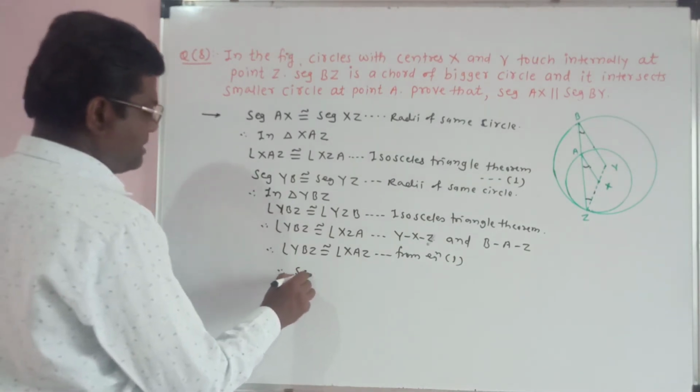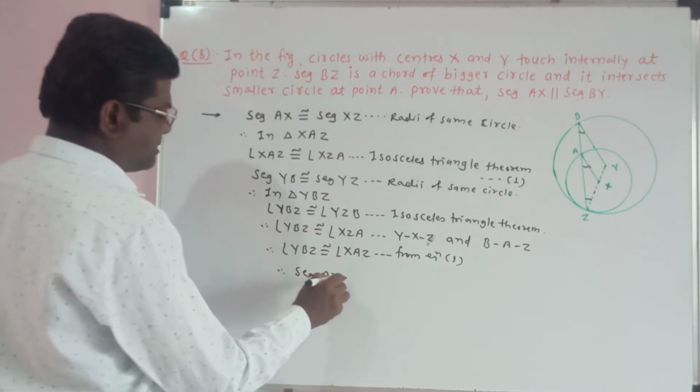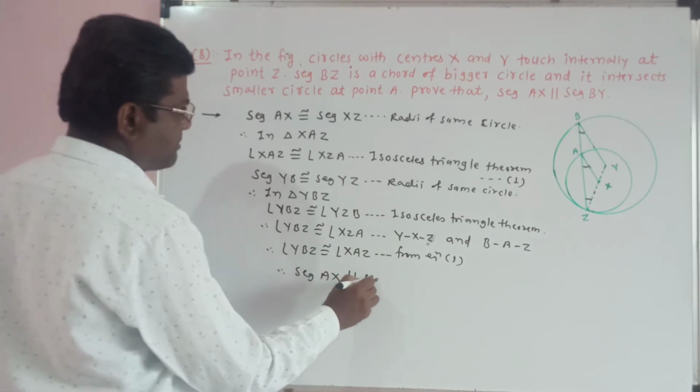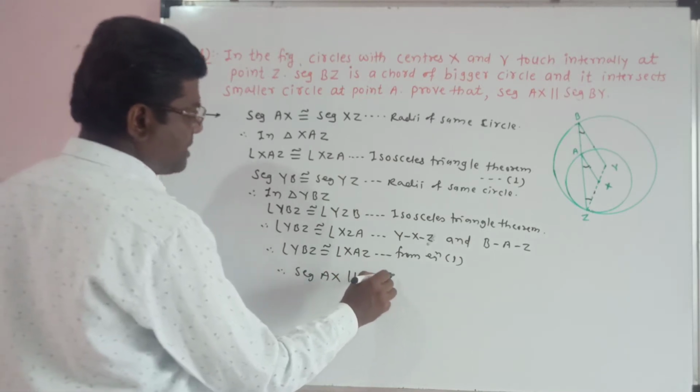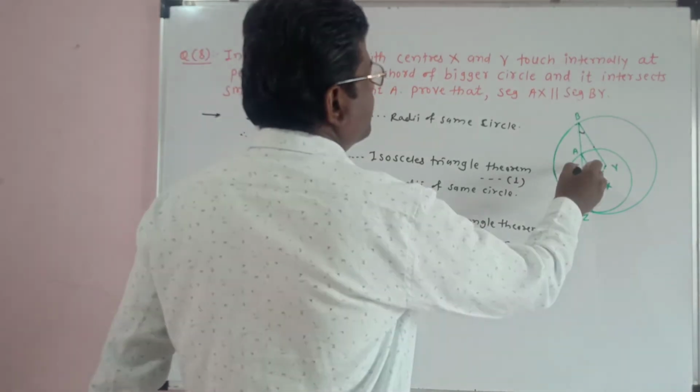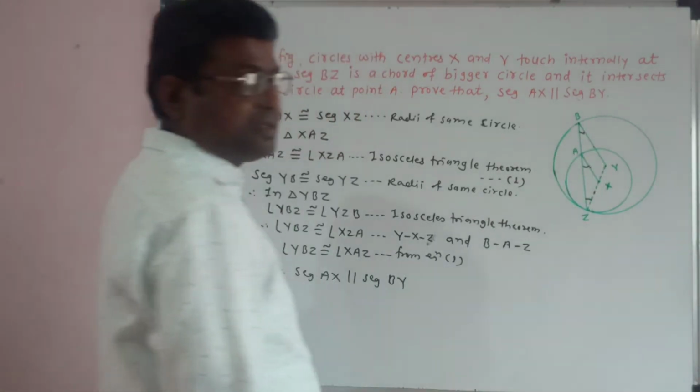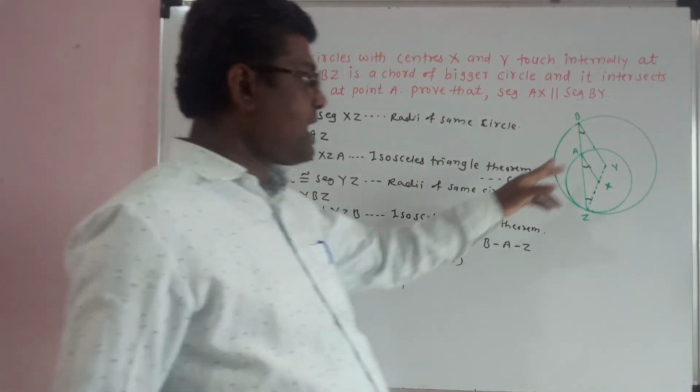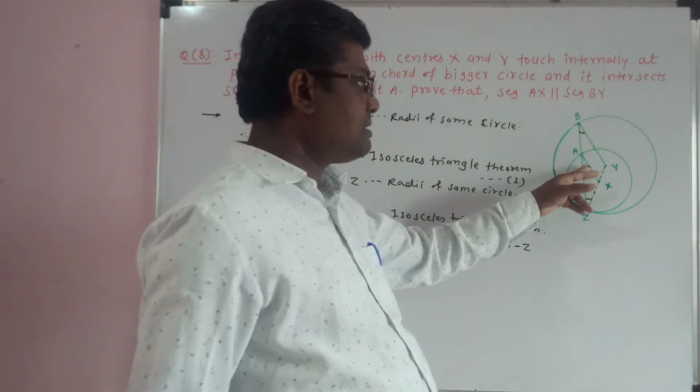Therefore segment AX is parallel to segment BY, as these two angles are congruent. Therefore these two angles are corresponding angles.